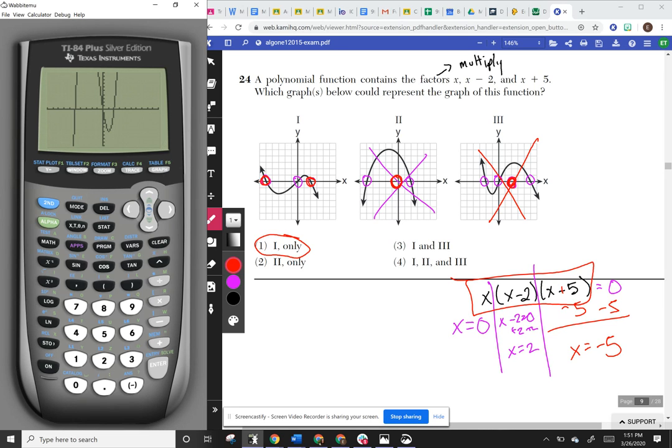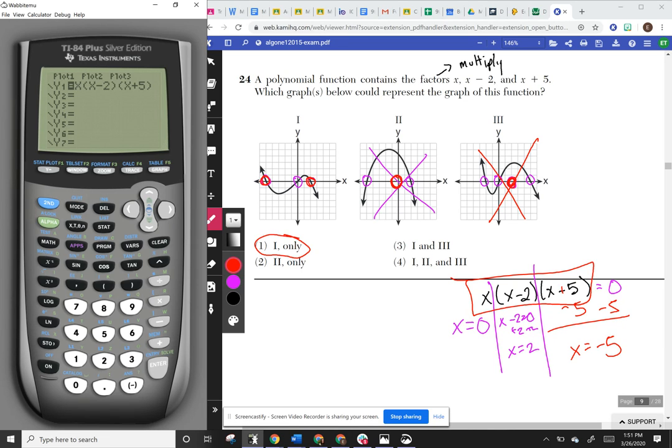Okay, it's a little zoomed out, but you can see so our answer choice is 1, but the graph doesn't match it.